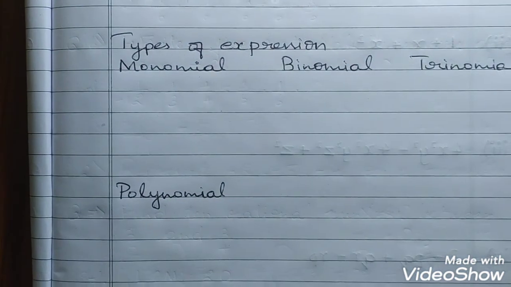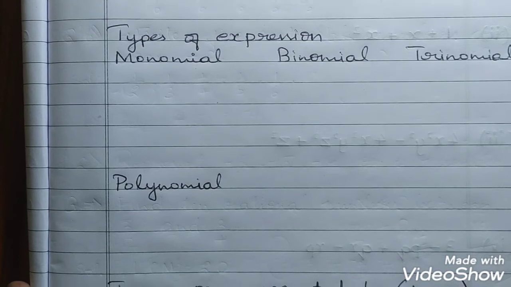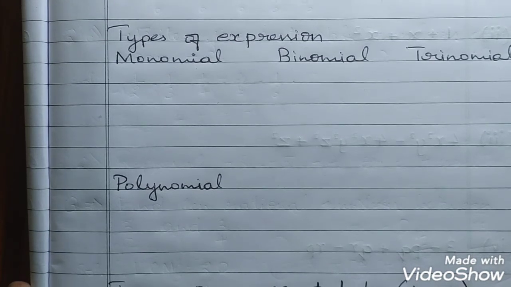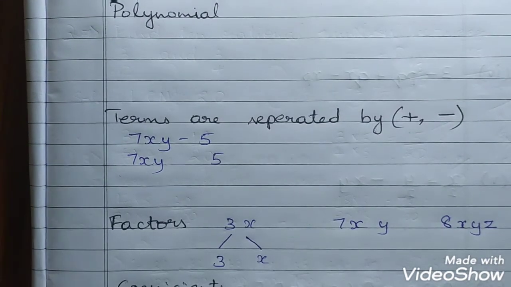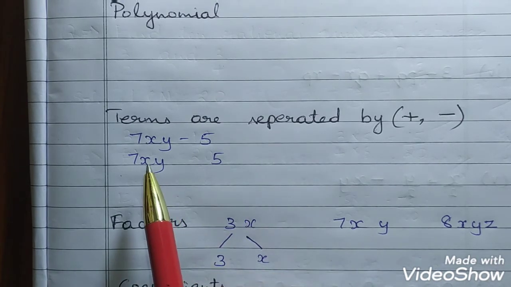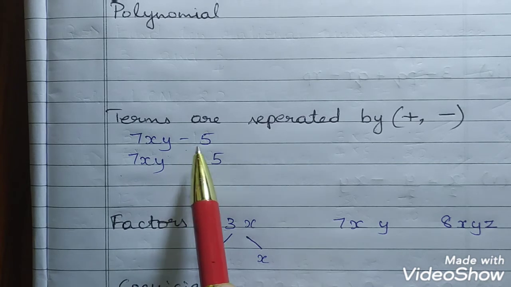Types of expression. For knowing types of expression, first you need to know what is a term. Okay, then only we can know what are the different types of expression. Terms. Terms are actually, see here, I have written 7xy minus 5.